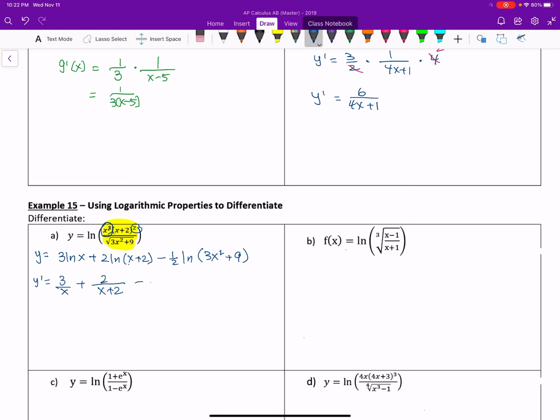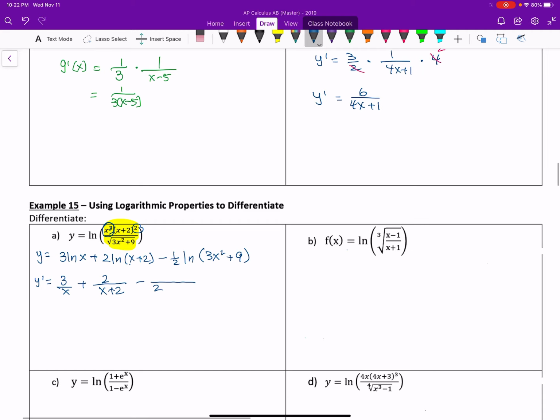Minus 1 over 2, and then in the denominator we get the 3x squared plus 9. Using the chain rule, it's going to be 6x. Or some people write it directly in the numerator, like so, 6x right there. Oh, look, we can simplify a bit.